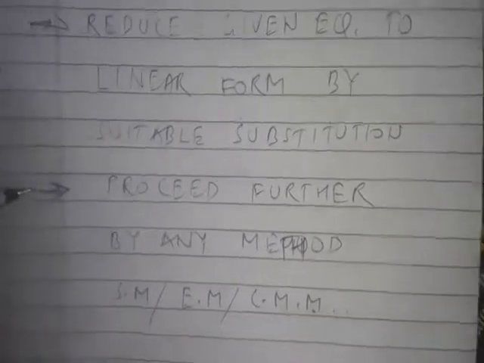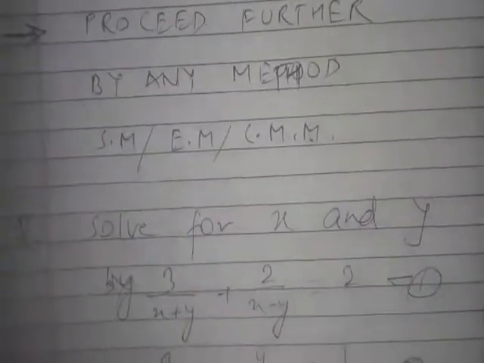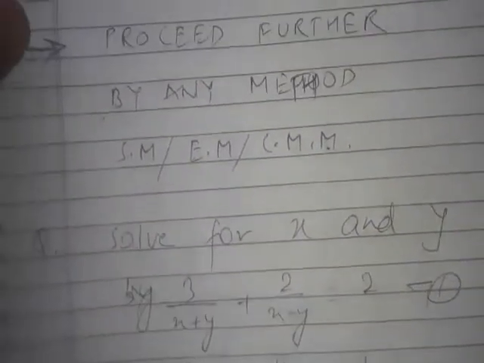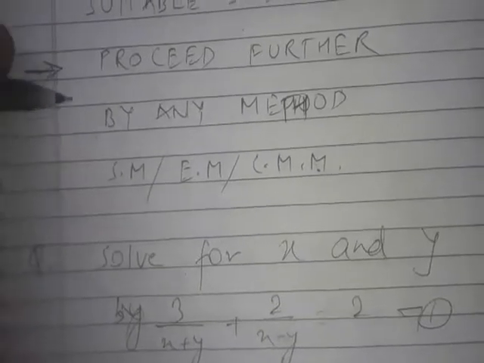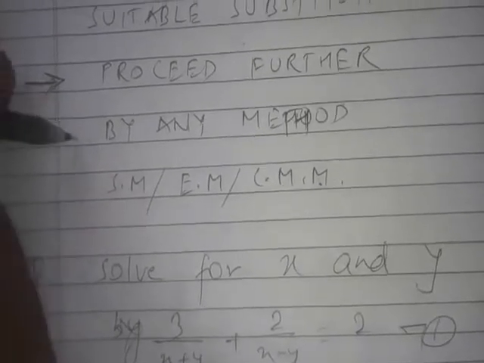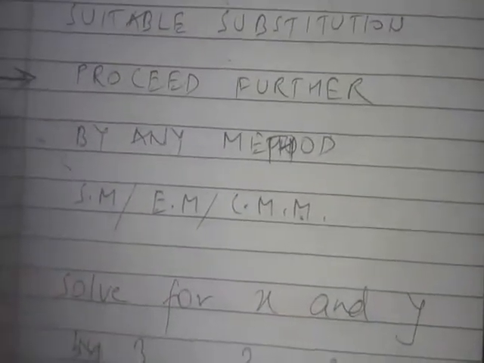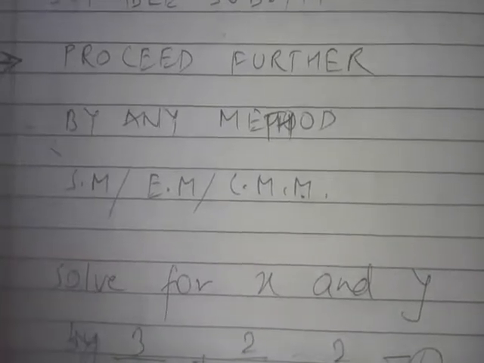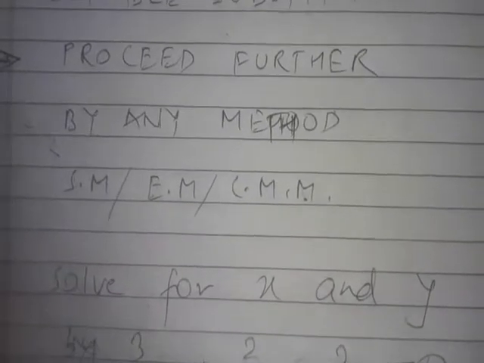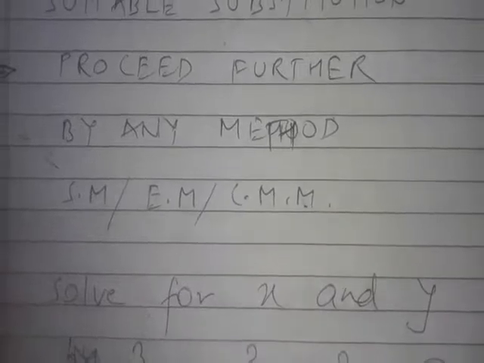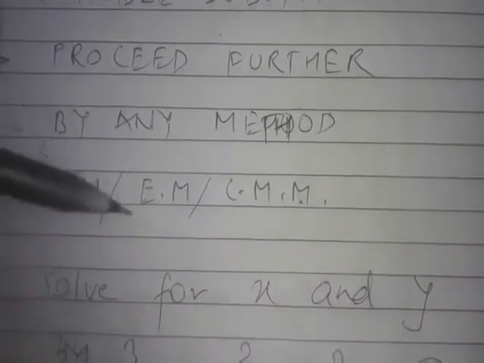It depends on you which method you want to opt. But if in the question itself it is given that you have to use a particular method, then you have to solve the given problem using that method only. And if it is not given, you can use either of the three methods.